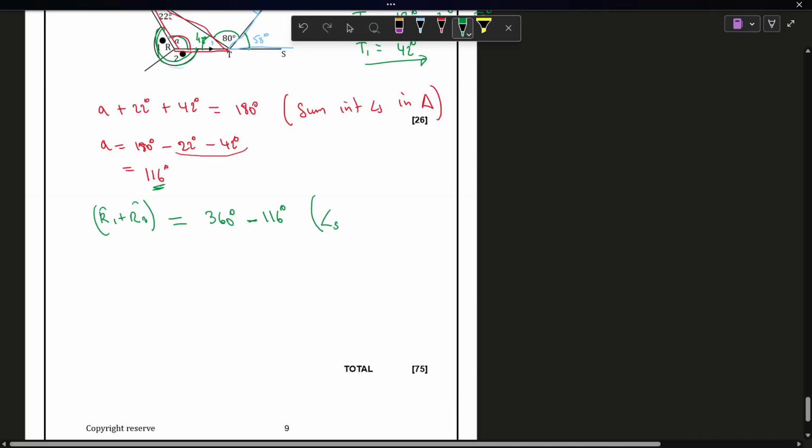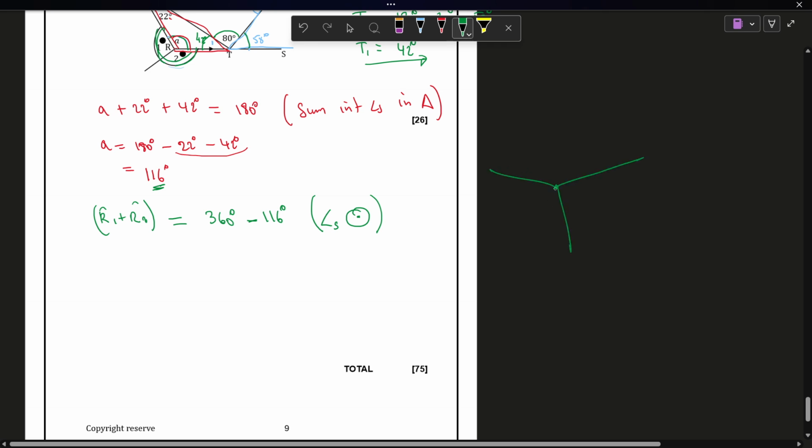it's angles around the point, right? Angles around the point. So the total angles around the point should sum up to 360 degrees. Suppose you have this point and then you have different angles like this.